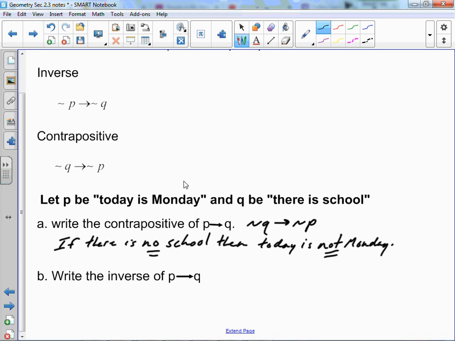So there's our negation there, or that's representative of the little squiggly line, right?